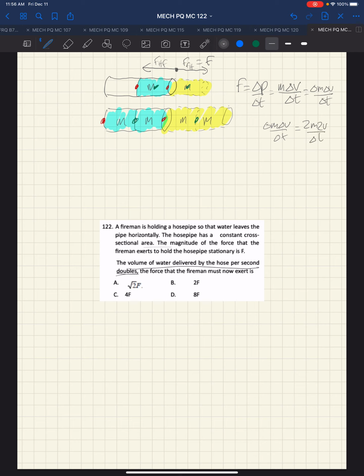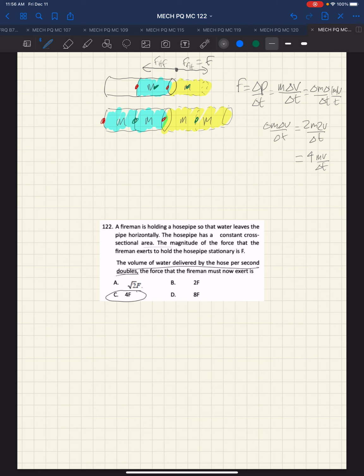So we end up with 4. Before we had 1m, 1v over delta t, so mv over delta t with all those coefficients being 1. Now we have 4mv over delta t. So that means the force is 4 times as large.